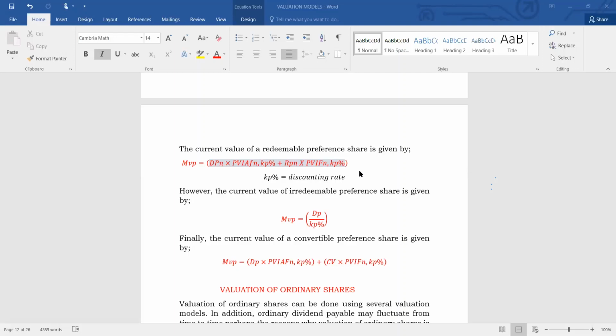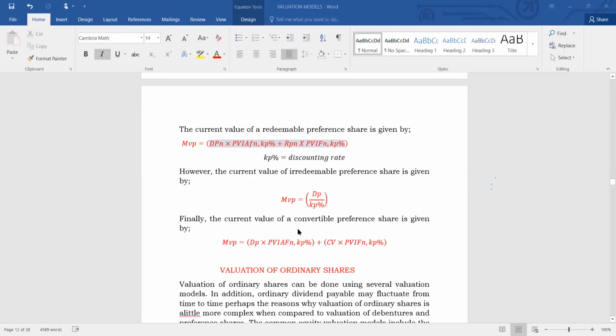That should give you the value for that security. Now, if the preference shares are convertible, then we go through the same procedure again. You need to capture the fixed dividend each year for a defined period. At some point in the future, conversion takes place, which gives rise to the conversion value. For debentures, we said interest times the annuity factor, then conversion value times the present value factor.